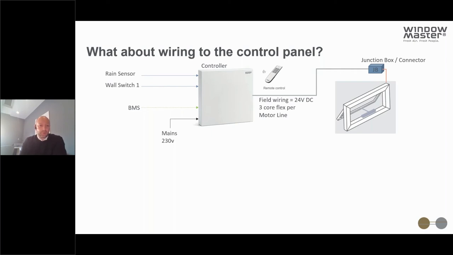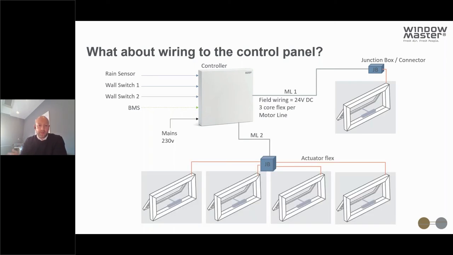Then you would have your control unit, which has got a mains input. Sometimes you have a rain sensor input or weather station, a wall switch to operate the window, and perhaps a remote control. Some of our smaller units have got really nice remote control functionality and Bluetooth. And that's a fairly simple arrangement of the wiring in a simple system.